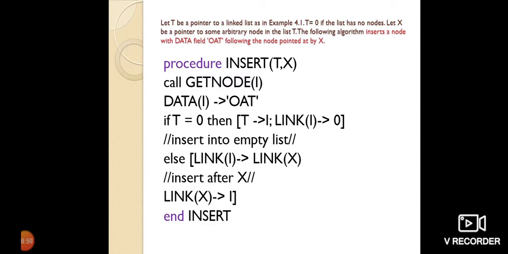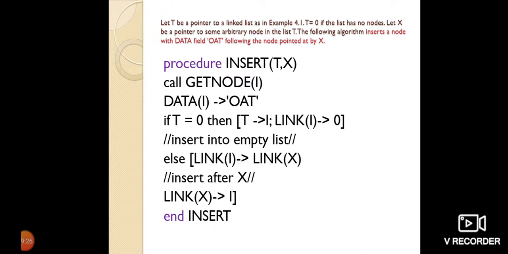And you're going to have one condition there. If T is equal to 0, if T is actually the original starting address of that particular linked list, and I is actually the node which you are going to insert. So T is equal to 0. Then you're going to tell that the new node should be connected to the previous one.